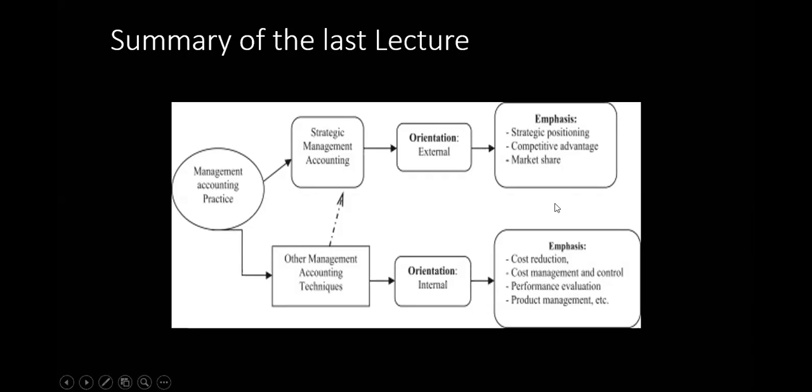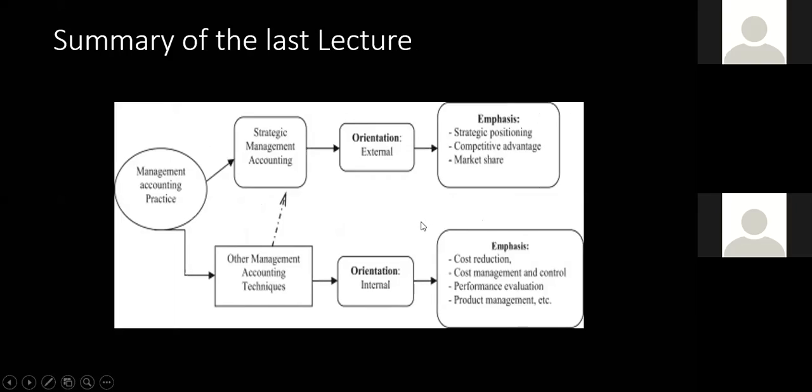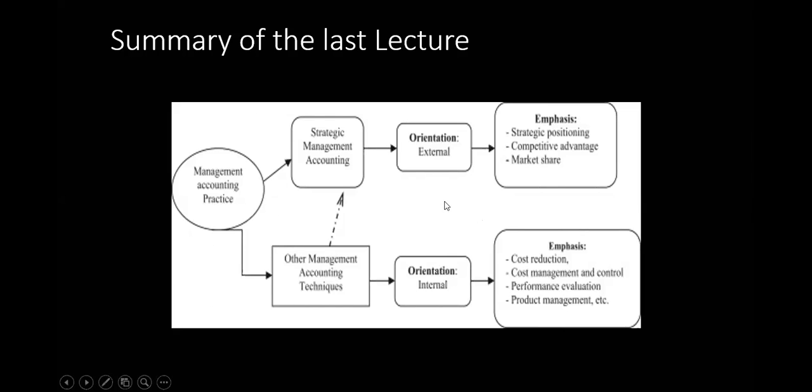You should be in a position to continue the competitive advantage. For that, of course, you need to get information continuously on what is happening outside of your organization. So that was the basic idea we focused on in the last lecture.